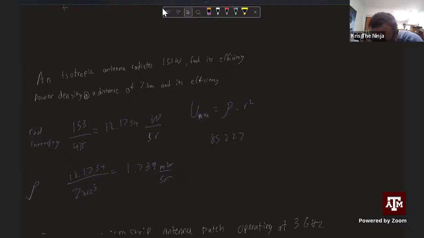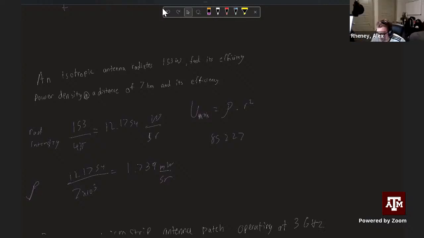So directivity: 4 pi times U max. Is that divided by something?